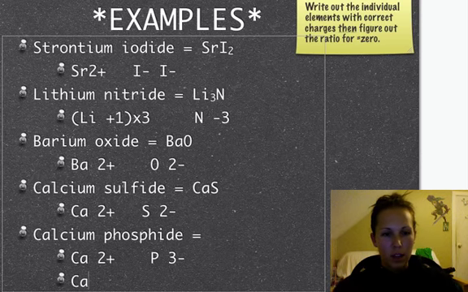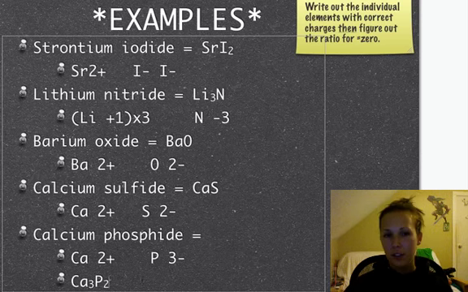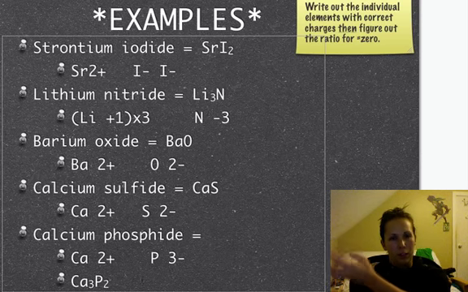So in other words, Ca will be 3 and phosphorus will be 2. So that's using the crisscross method, where the positive charge on one side and the negative charge on the other side flip-flop for each other. You'll see that again.